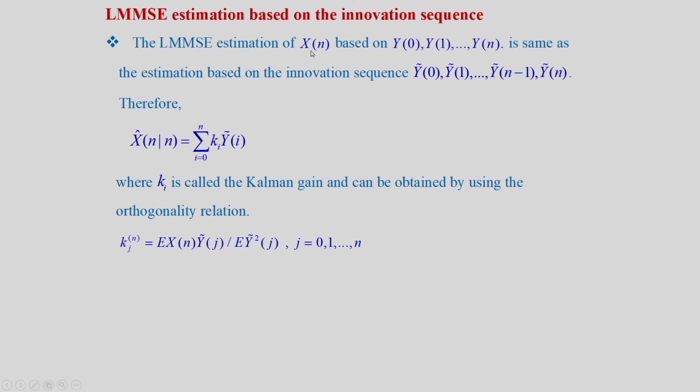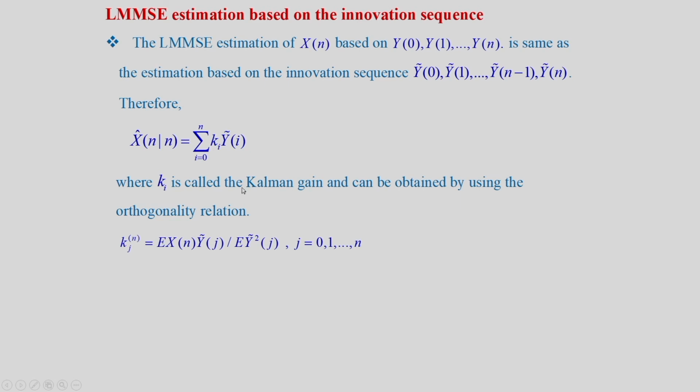LMMSE estimation of xn based on y0, y1 up to yn is the same as the estimation based on the innovation sequence y tilde 0, y tilde 1 up to y tilde n. Thus, we can write the estimator x hat n given n as summation ki y tilde i, i going from 0 to n, where ki is called the Kalman gain.